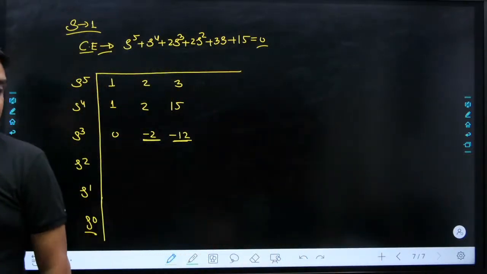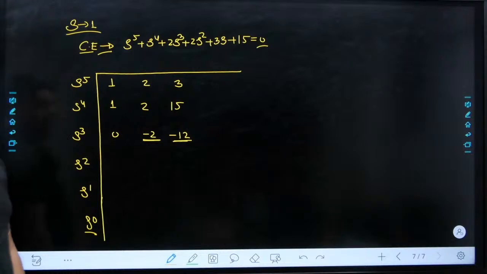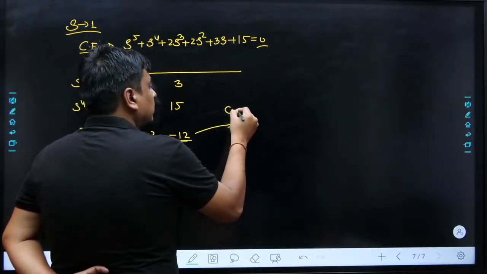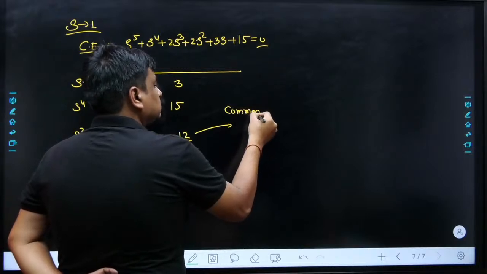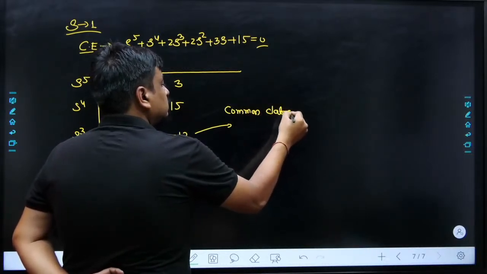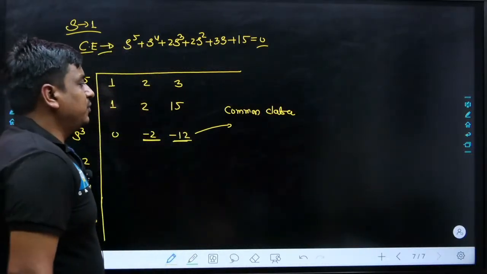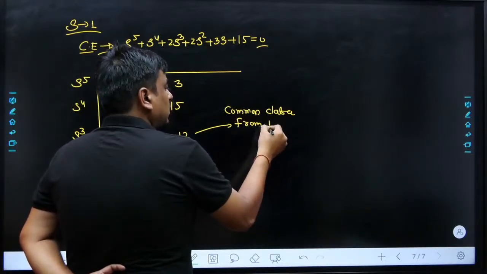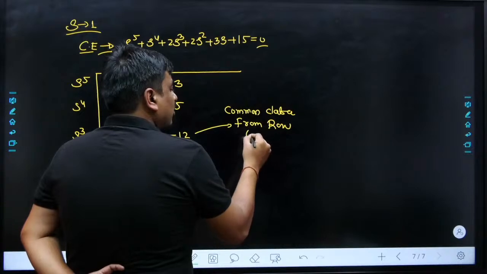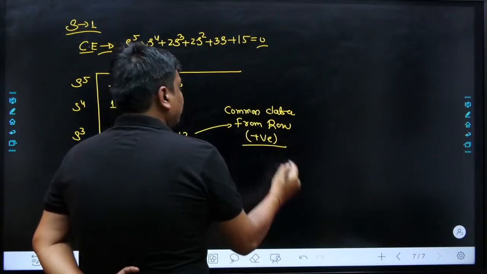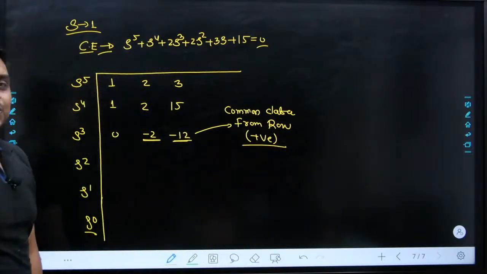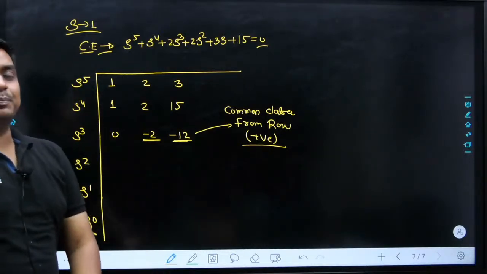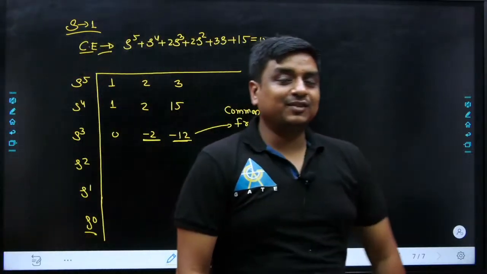So again, you can extract the common data from any of the rows, but that common data should always be positive. Why? If the negative common data is extracted, there would be an impact on the sign change, and because of that the stability assessment would not be correct.